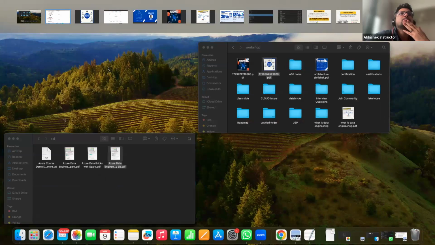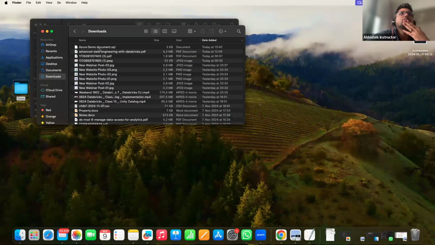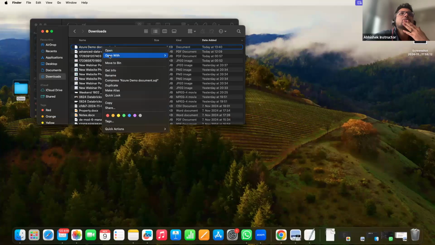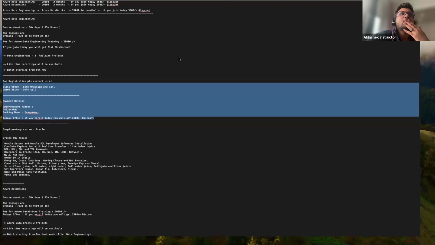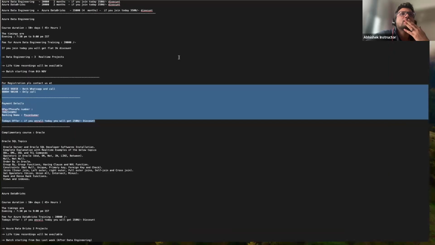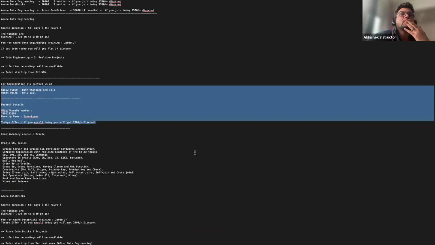Last question. Actually, I joined late, Abhishek, so I missed the Databricks course part particularly. Can you differentiate between data engineering and Databricks? What specifically are we taking in Databricks? So in the Azure Data Engineering course, we will talk about what is Databricks, what is Spark, what is Delta Lake, how to create a data lake.